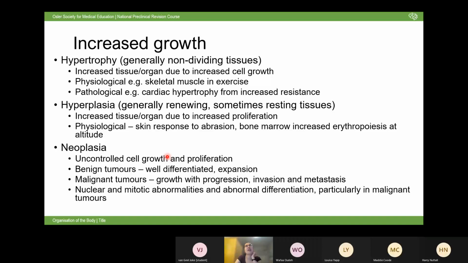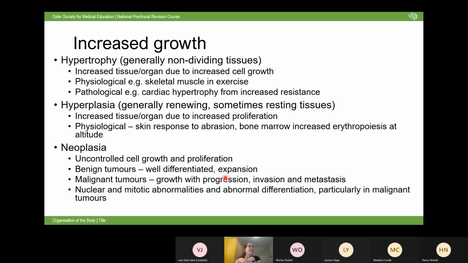So the cells are similar to the original tissue type. And these benign tumors will grow by expansion, which means that they're not invading into the healthy tissue. It's like there'll often be a capsule and there'll be a clear distinction between them.